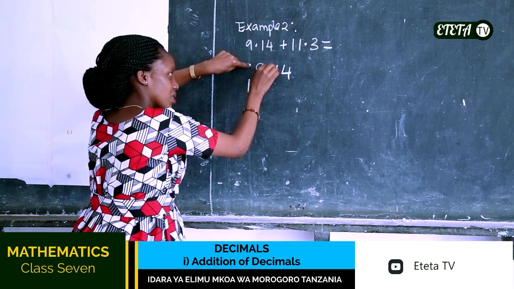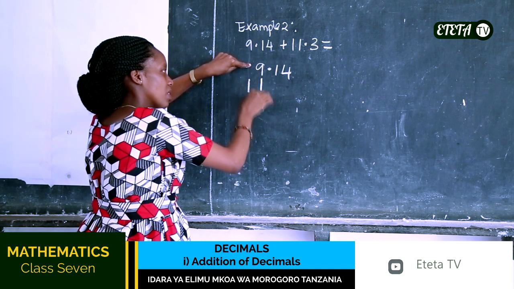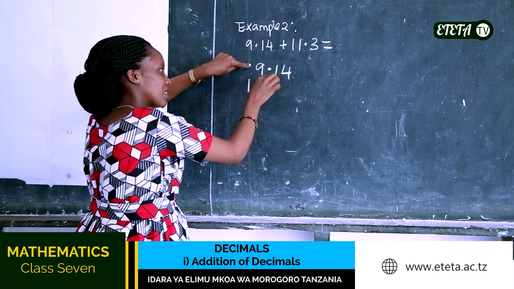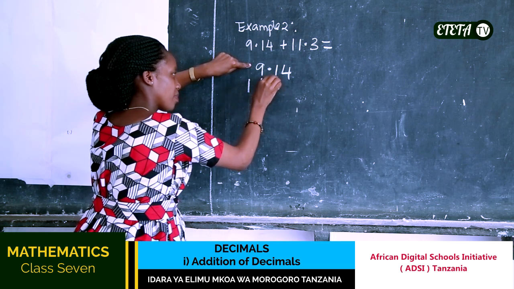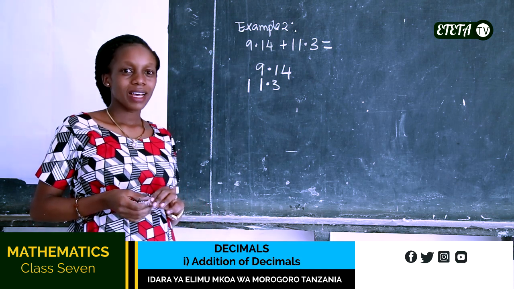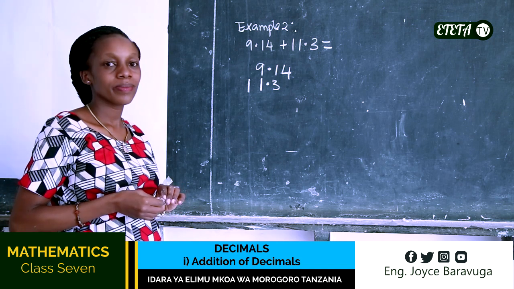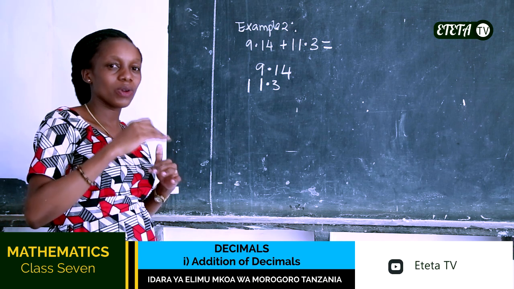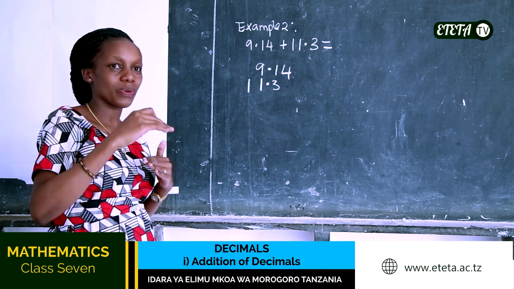The decimal point must be lined up. That means the decimal point of the second number must be under the decimal point of the first number, then the decimal 3. Then we are going to consider the length of our numbers. If there is a gap, that means the numbers are not the same length, so we are going to add 0 to fill the gaps.